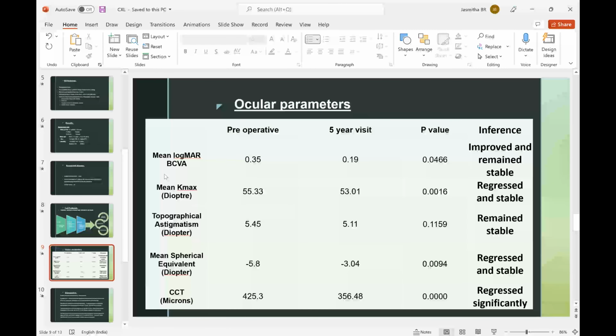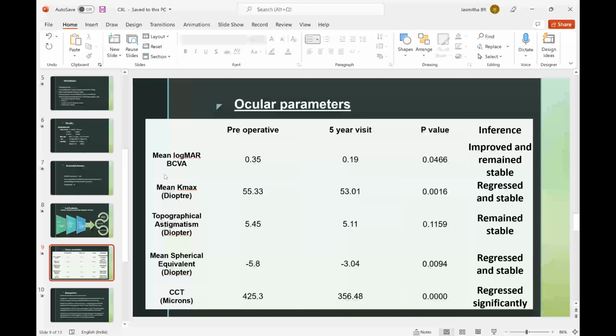It shows that Kmax has regressed significantly, and it has remained stable throughout the 5 years. Topographical astigmatism preoperatively, that is mean topographical astigmatism, was 5.45, and at 5 years it was 5.11. Though it is not statistically significant, we can see that there is a reduction in the topographical astigmatism, and it has remained stable throughout the 5 years.